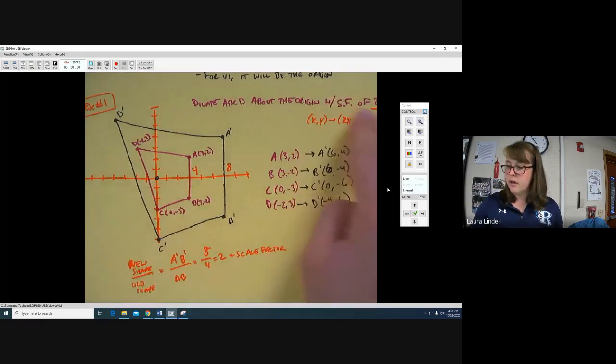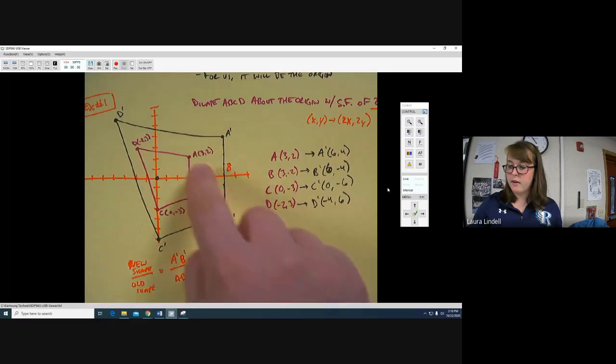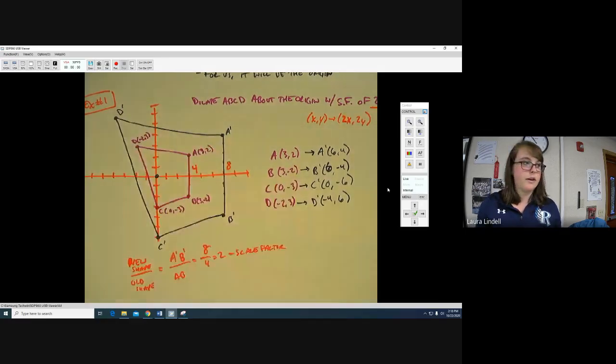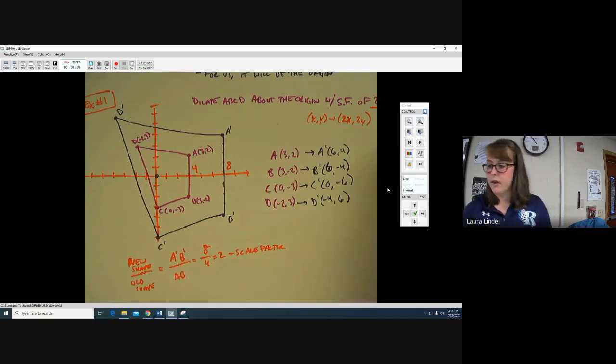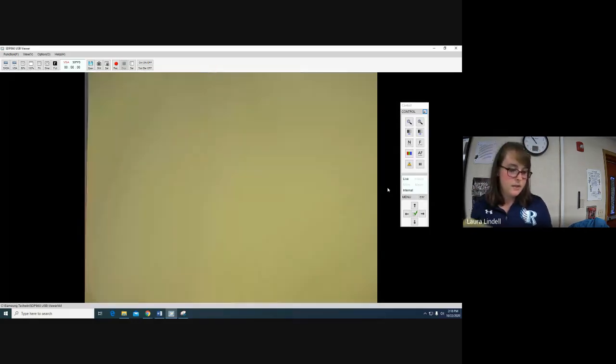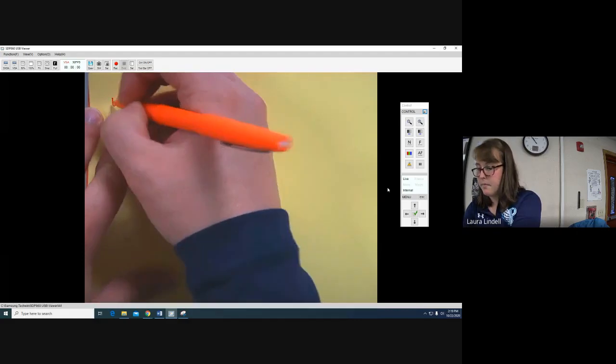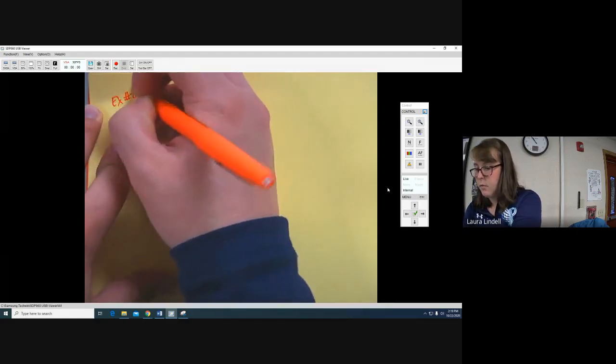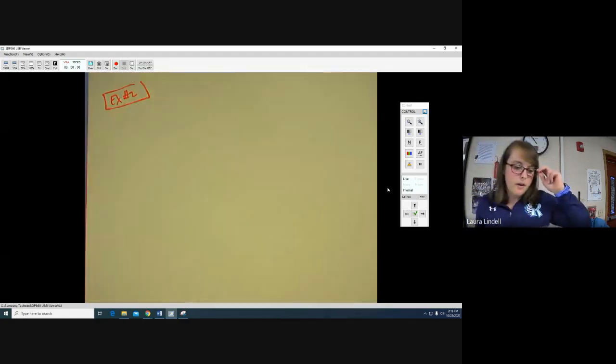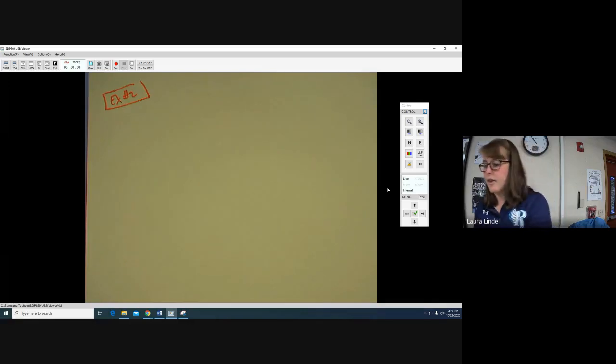The original one, all you have to do is multiply the coordinates by 2 to get your new coordinates. And we'll talk a little bit more about this exactly later in a different example. Okay. Second example. We're going to learn what to do if our scale factor is a fraction.